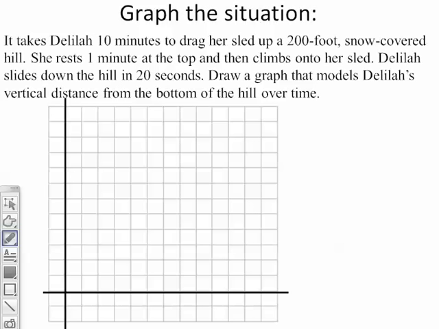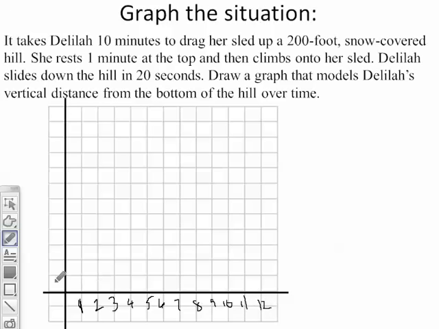Okay, going forward. Delia takes 10 minutes to drag her sled up a 200-foot hill. Okay? So you're reading a word problem like this, and I know they want me to graph it. I'm just going to sit here and say, okay, these are going to be minutes down here. 4, 5, 6, 7, 8, 9, 10, 11, and 12 minutes.